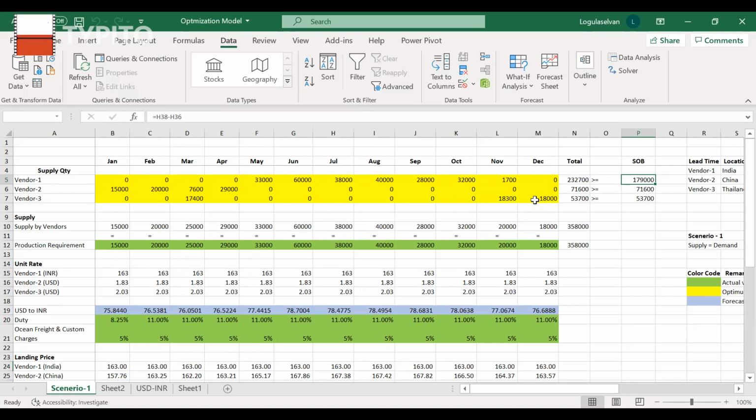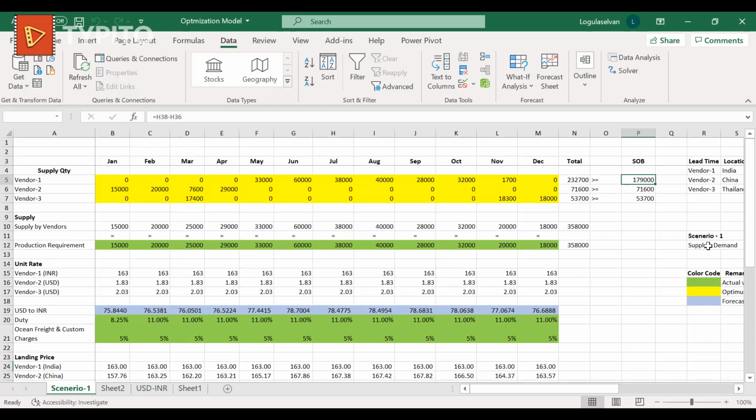Hope you have understood how to make use of this tool in negotiation, how to decide the share of business between vendors, and how to use this in procurement planning. Here in this case, we have considered only supply equal to demand, which is 0% inventory.